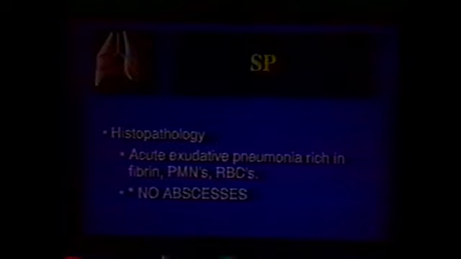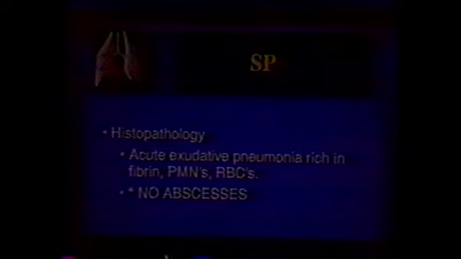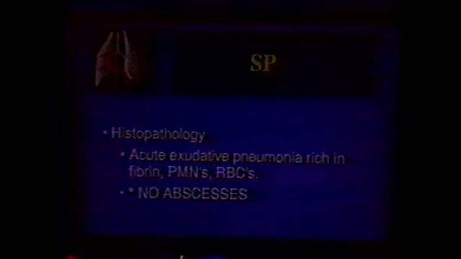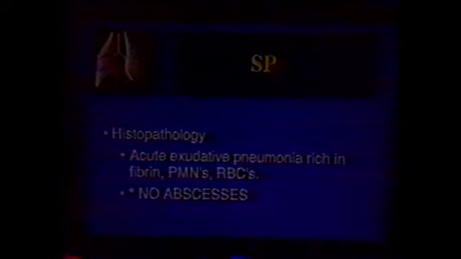Histologically, what we see is acute exudative pneumonia that is rich in fibrin and neutrophils and erythrocytes. Again, it would be very similar to what we would see with Pasteurella, like a shipping fever in bovine, or strep pneumonia in pigs. Again, the key here is no abscesses.